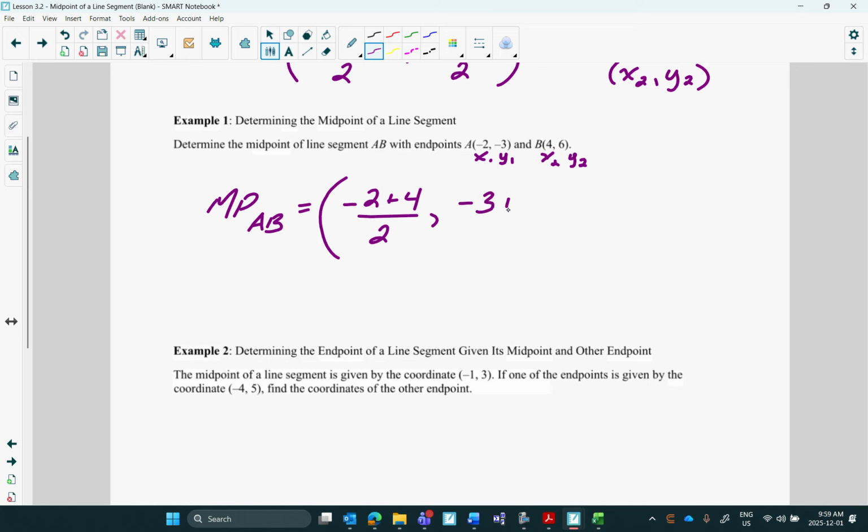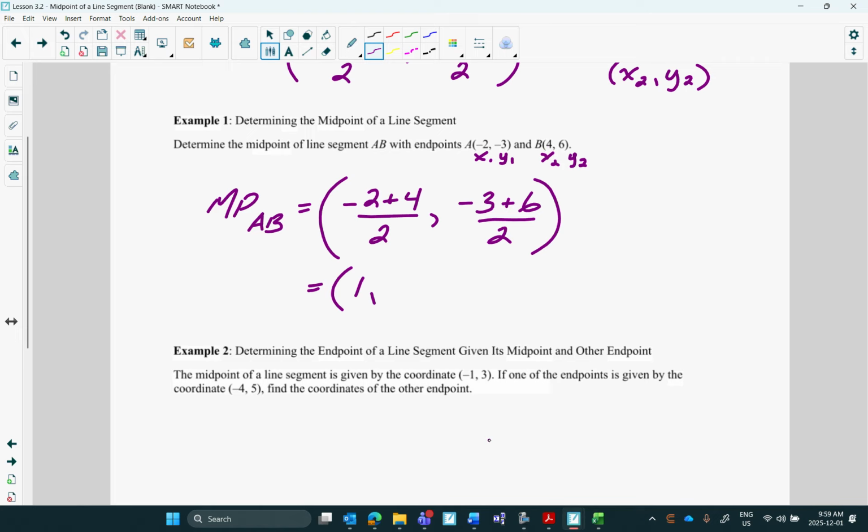Same thing, except different numbers. -2 plus 4 divided by 2, 1. -3 plus 6, 3 divided by 2.